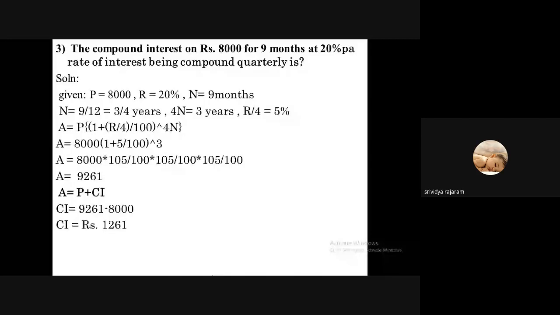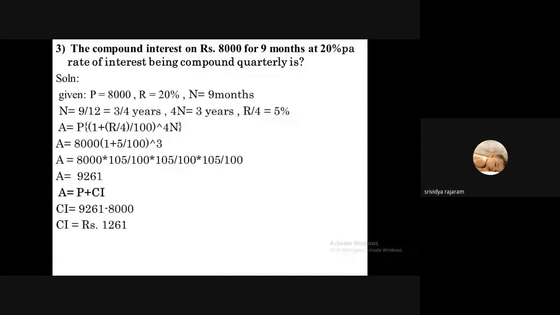A is equal to P into 1 plus R by 4 by 100, the whole power 4n. So A is equal to P, given as 8,000, into 1 plus R by 4, which we calculated as 5%, so it is 5 by 100, the whole power 4n, which we got as 3. So on simplifying this, we get the A amount calculated quarterly as 9,261.